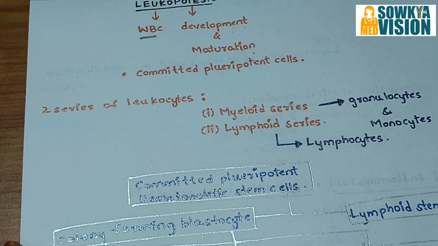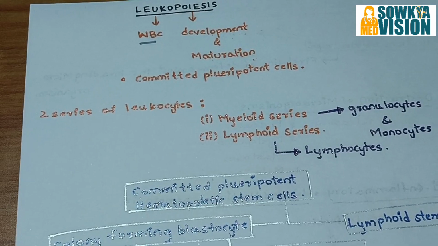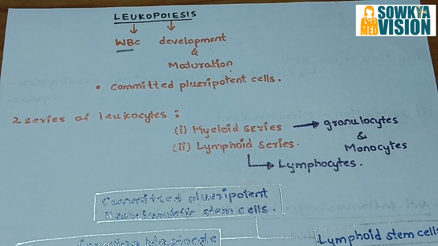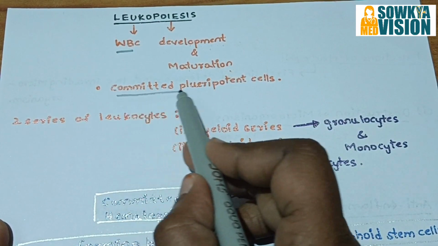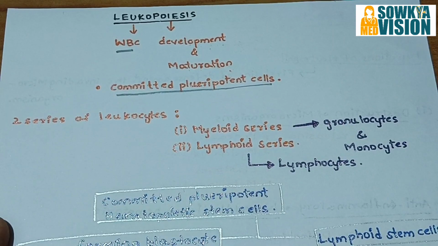Now from where are these WBC cells produced? There should be some progenitor cell, right? So that cell is a committed pluripotent cell.